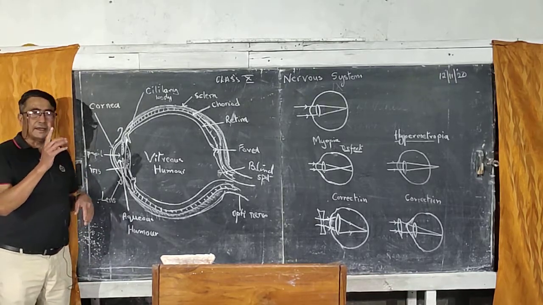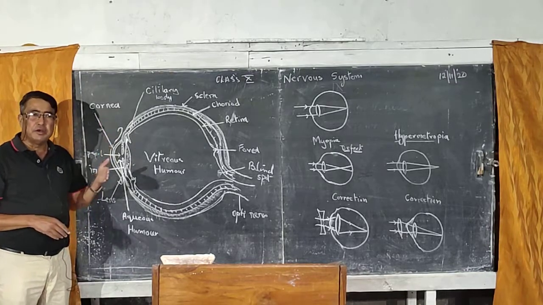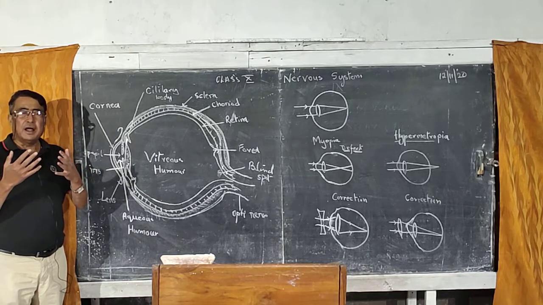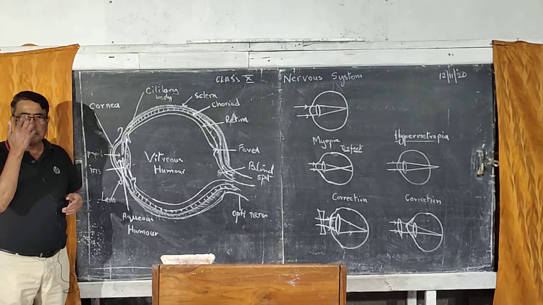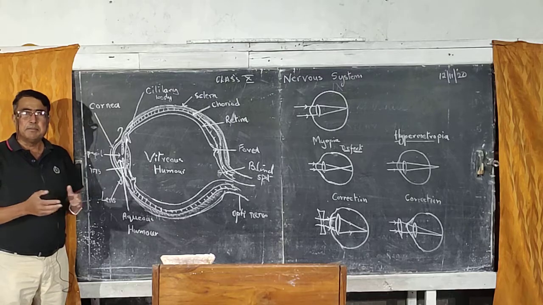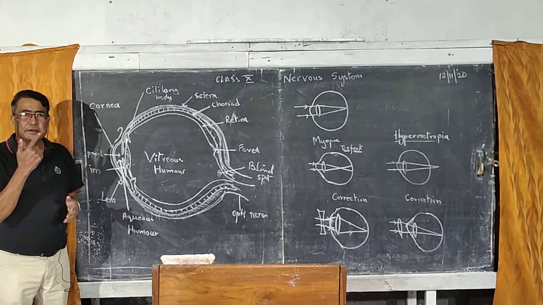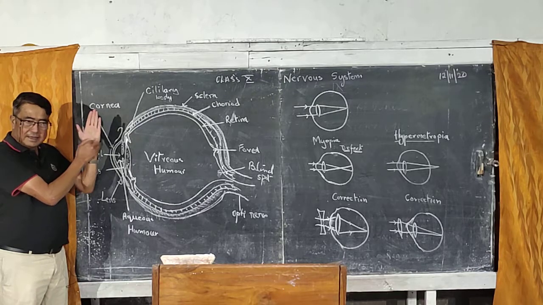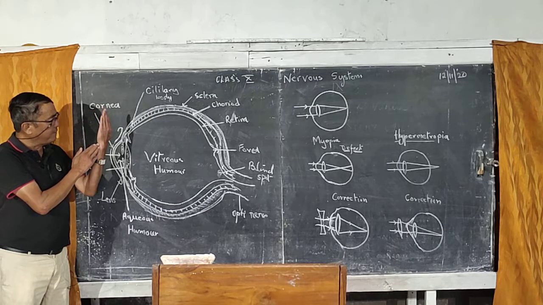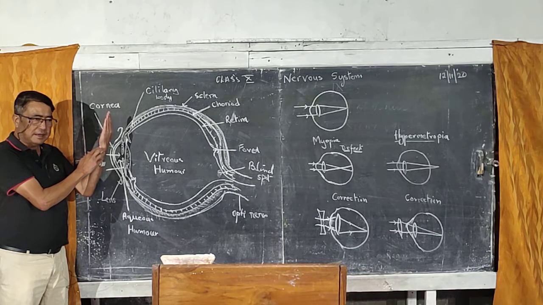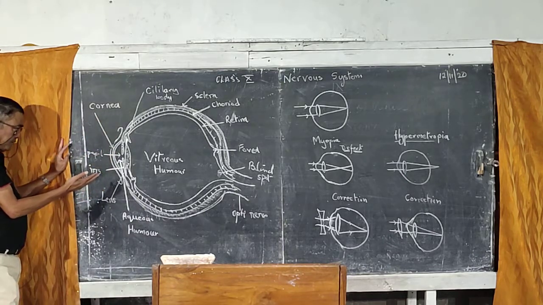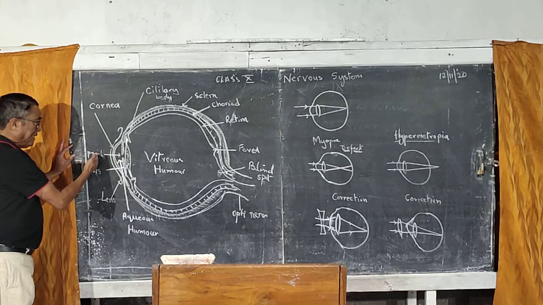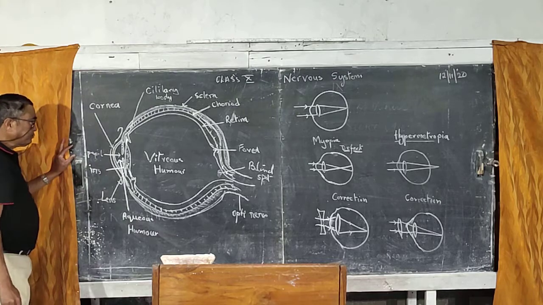The iris here is shown like a stick because this is a longitudinal section. If you see a friend's eye from the front, you see a circular patch of muscle, maybe blue, black or brown in color. That is the iris. If I show you the side view, it looks like a stick. So this iris helps to control the amount of light that enters the eyeball.